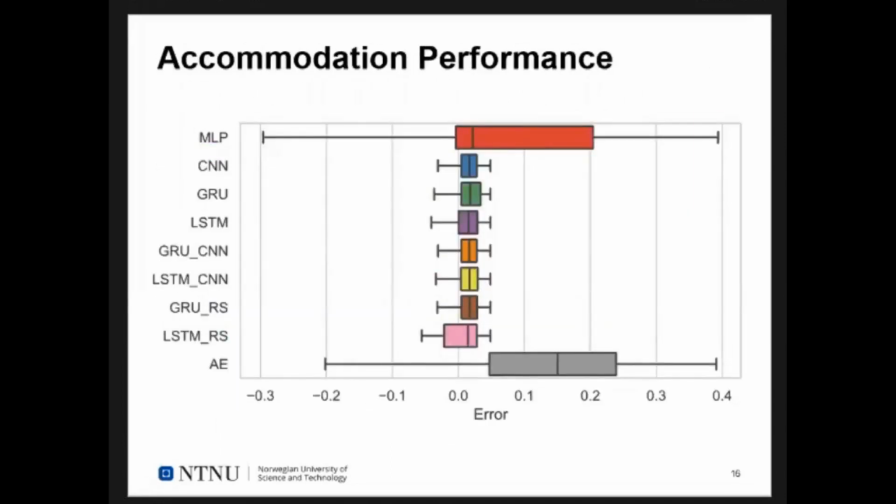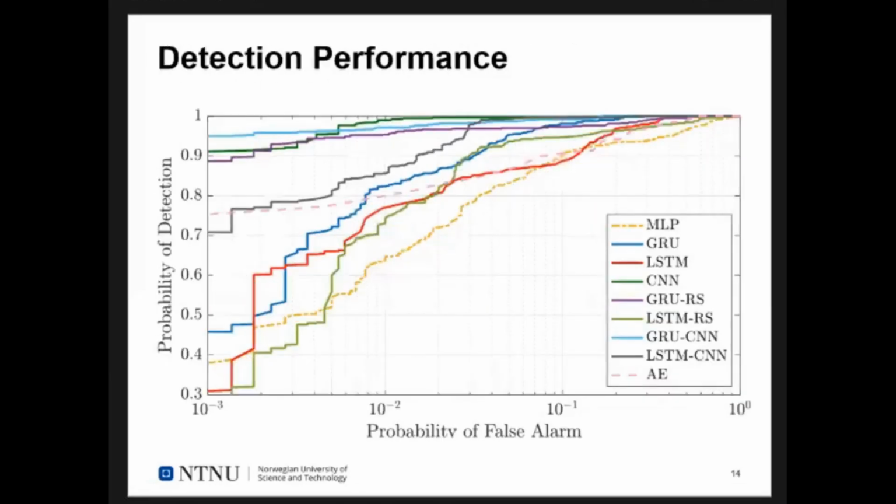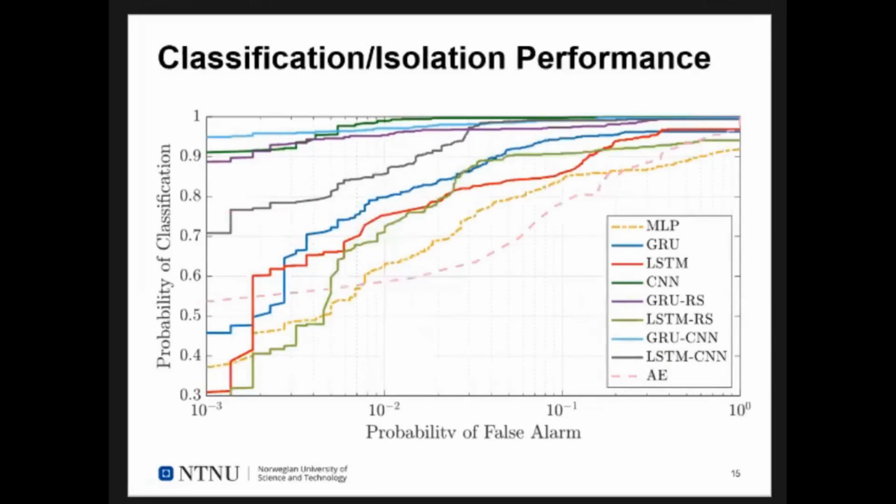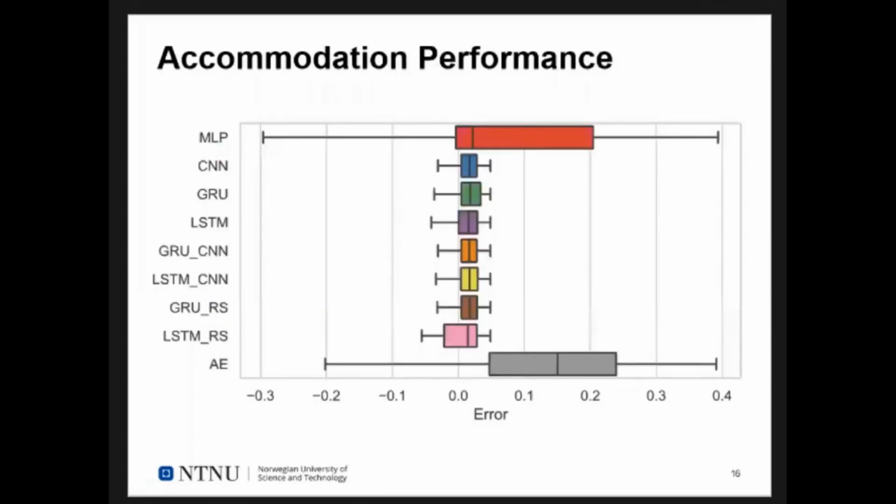Accommodation performance is now basically a sort of combination, because the previous performances are just estimation performance in terms of how each virtual sensor is capable of predicting the measurement. With accommodation performance, we are taking into account every time that a sensor's measurement is replaced with the virtual sensor measurement because of a detection.